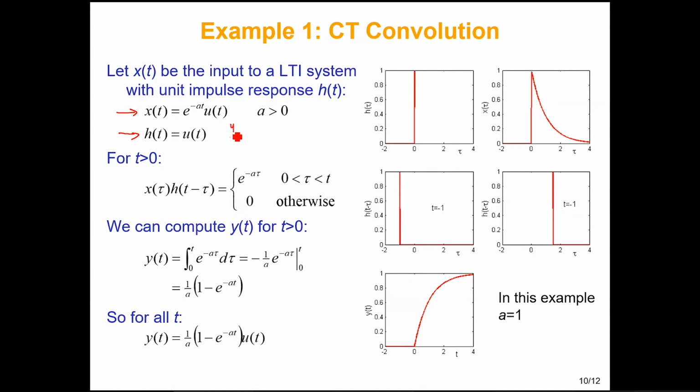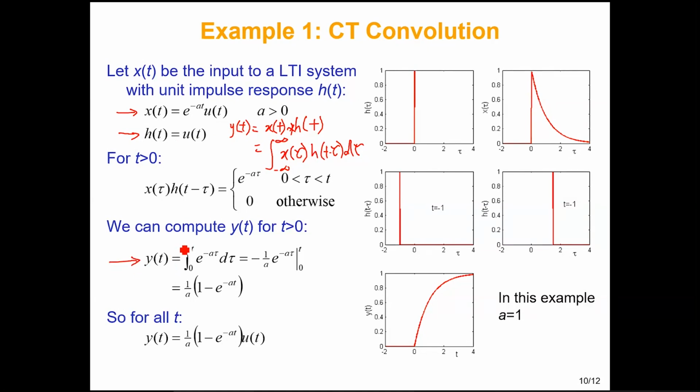Your output y of t is the convolution of x of t with h of t, and this convolution for continuous time is the convolution integral, x of tau h of t minus tau d tau. Then we plug in the values of x of t and h of t here, and we end up getting this value right here.